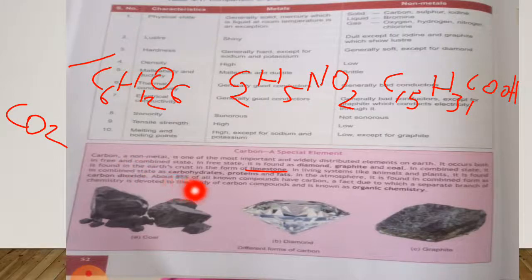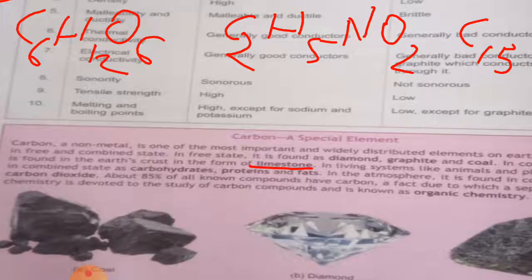Now come to the paragraph. About 85% of all known compounds have carbon, a fact due to which a separate branch of chemistry is devoted to the study of carbon compounds and is known as organic chemistry. So what do you mean by compounds?